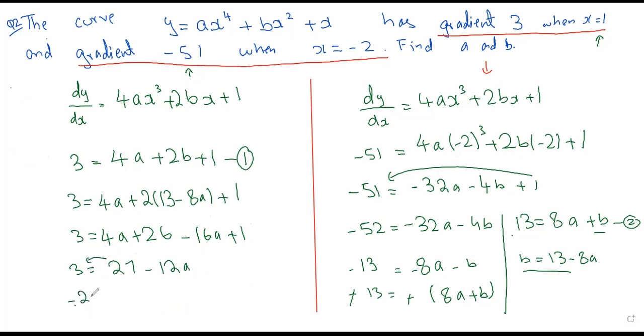So minus 24 equals minus 12a, and a is going to be 2. Very good. Now a is 2. I can plug in the value of a in this, and I would get b equals 13 minus 8 into 2, and that would give me minus 3. So this would be the answer. So b is minus 3 and a is 2.